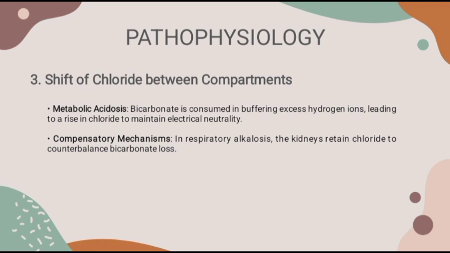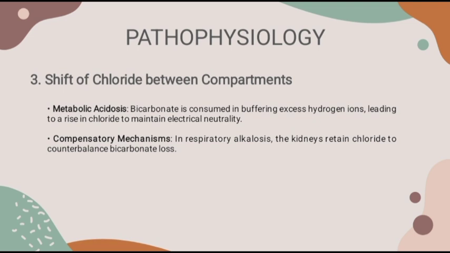Kumbaga, yung chloride acts as a replacement for the lost bicarbonate because it has a negative charge. It helps keep the electrical balance in the blood stable. Kumbaga, in short, pag mababa yung bicarbonate, nagiging replacement yung chloride para ma-balance yung electrical neutrality doon sa blood.